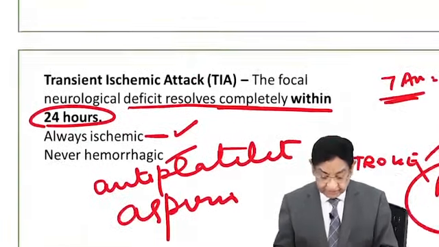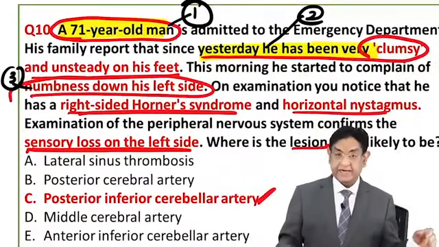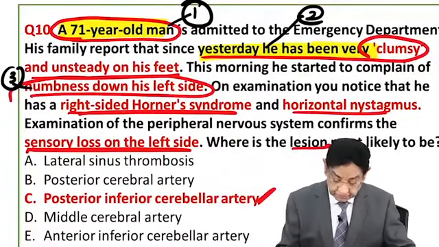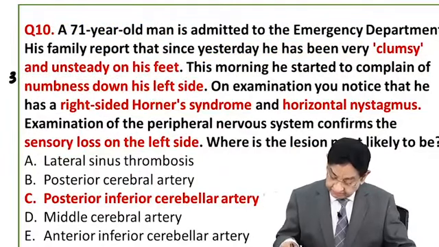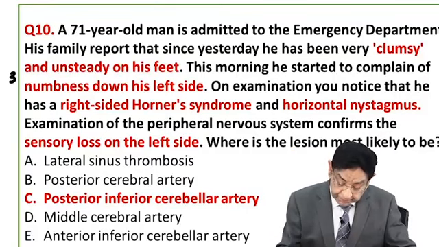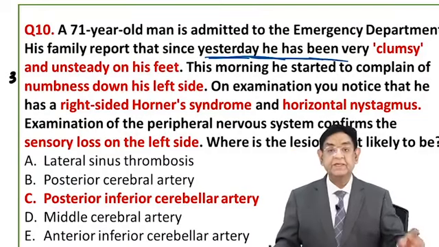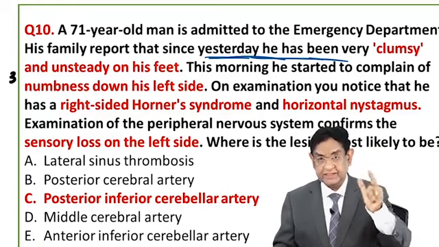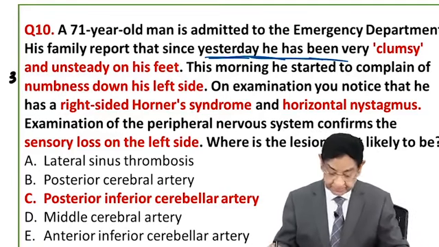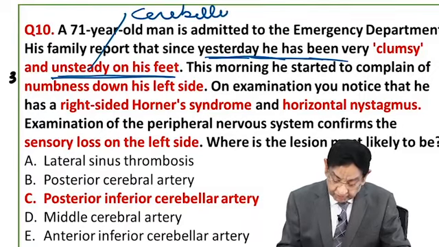With this we come back to our question again. We are getting a patient who has come with a problem of one day, it is a stroke. Anything acute onset with some deficit is stroke. Unsteady on his feet because of cerebellum involvement.